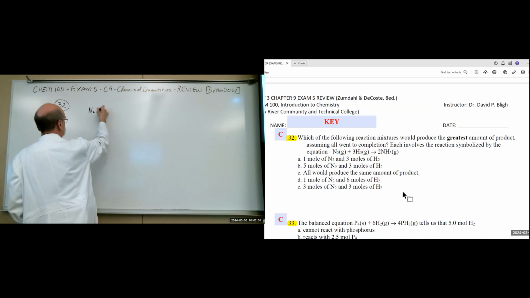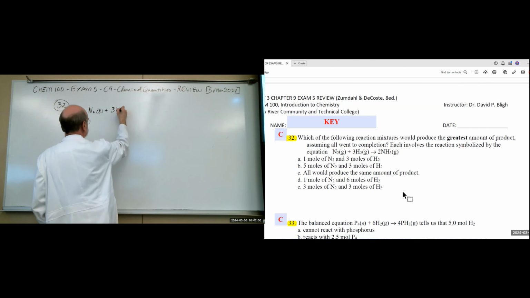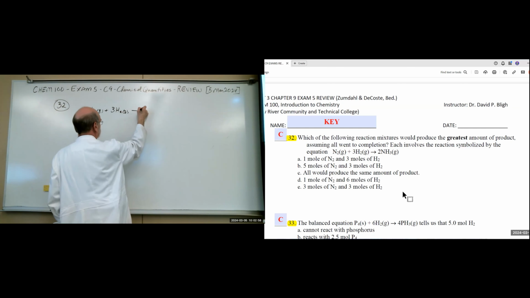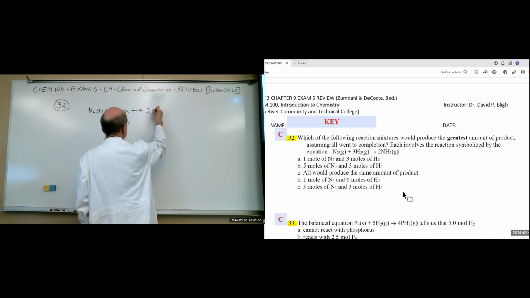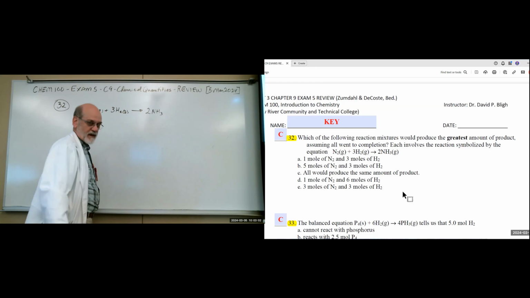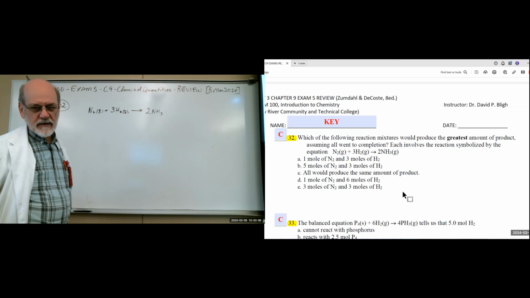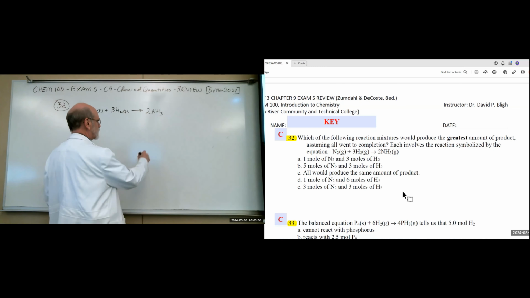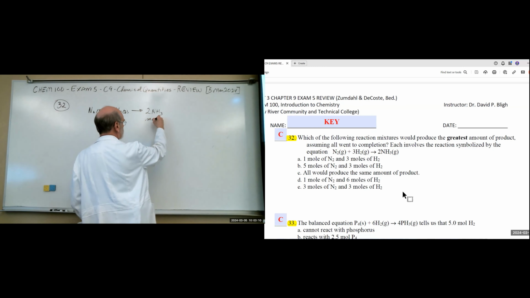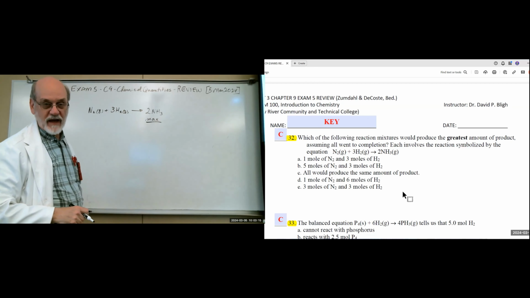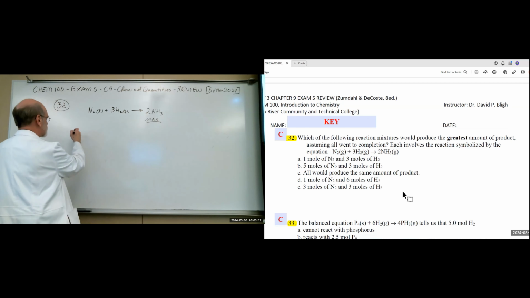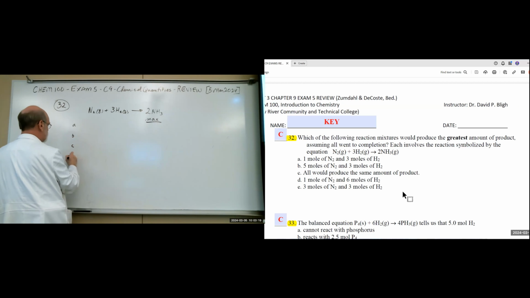N2 plus 3H2 yields 2 ammonia. Okay, which one? The greatest amount of product. So we're looking for the maximum product out of these. All right, let's say A, B, C, D, and E.